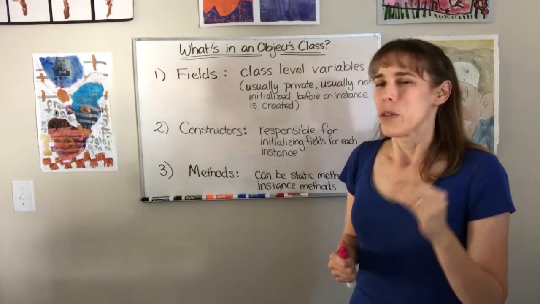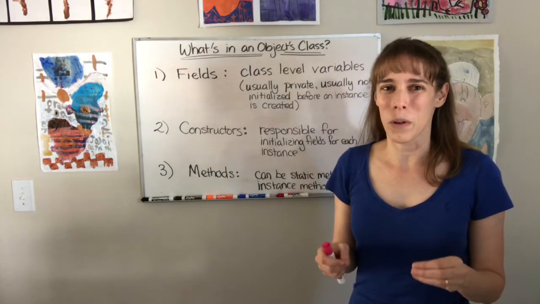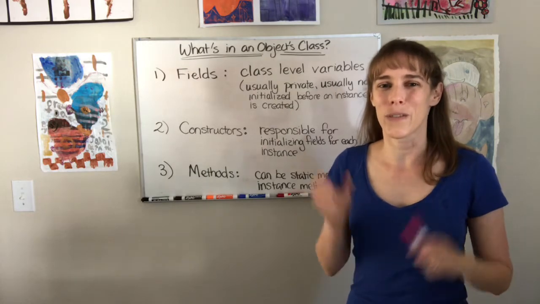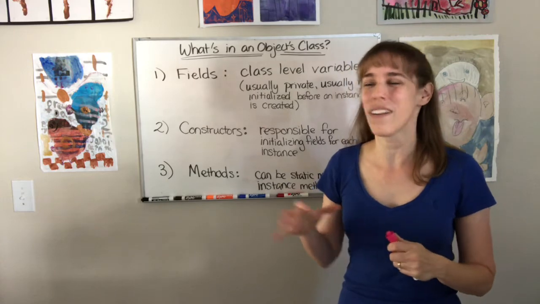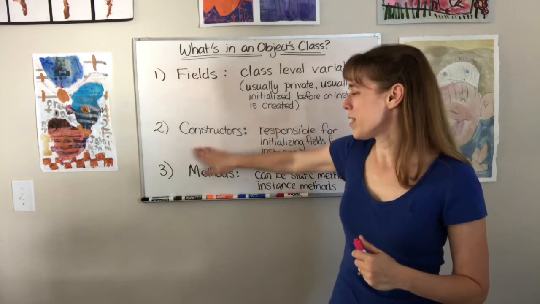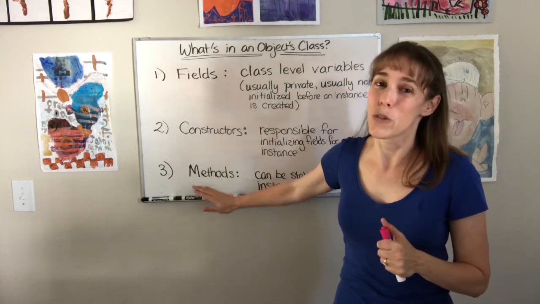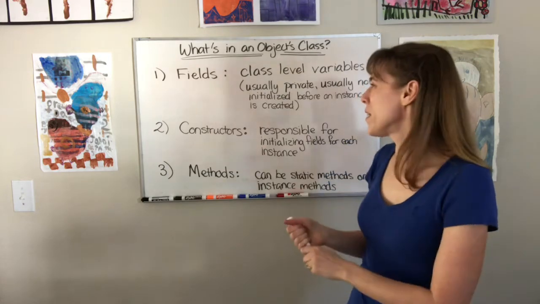All right, so I need you to expect that most of the objects that you see from here on out are going to come with fields, constructors, and methods. True in the AP test too.